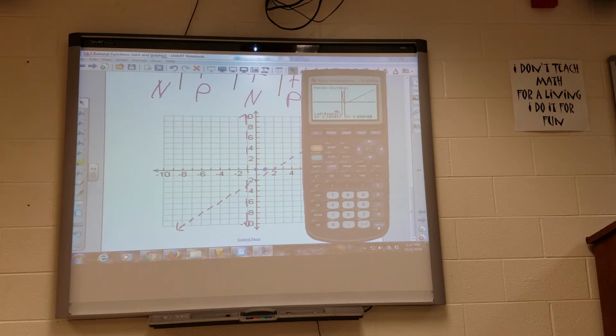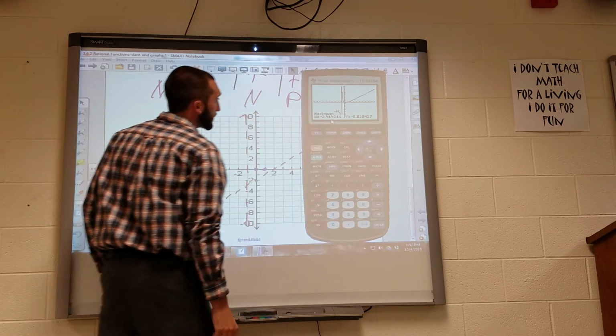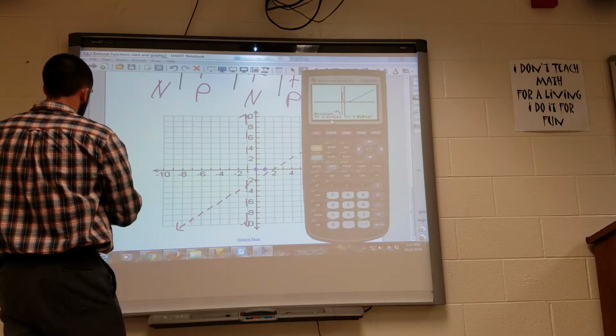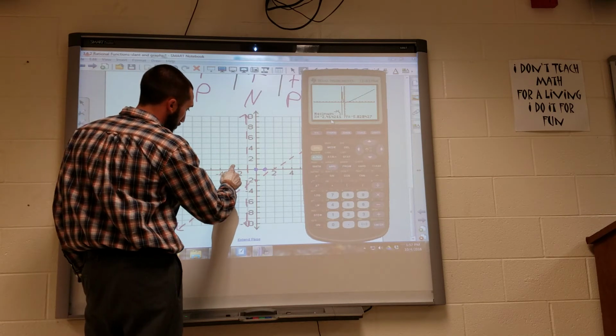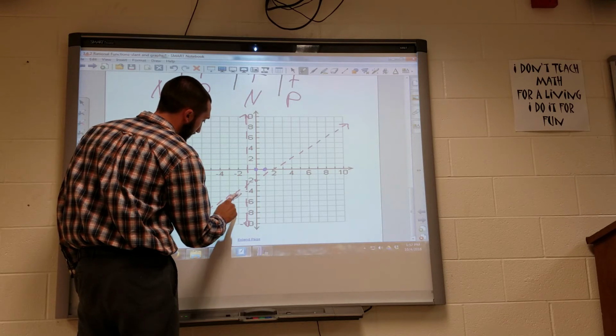There we go. And left and right and estimate. That maximum point is negative 2.4, negative 5.8. So let's see, negative 2.4, negative 5.8, not quite 6, so it's going to be right there.